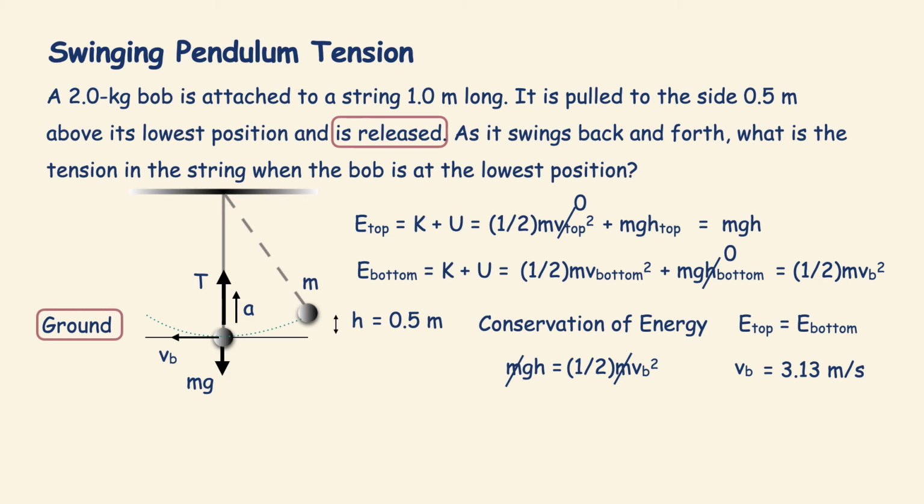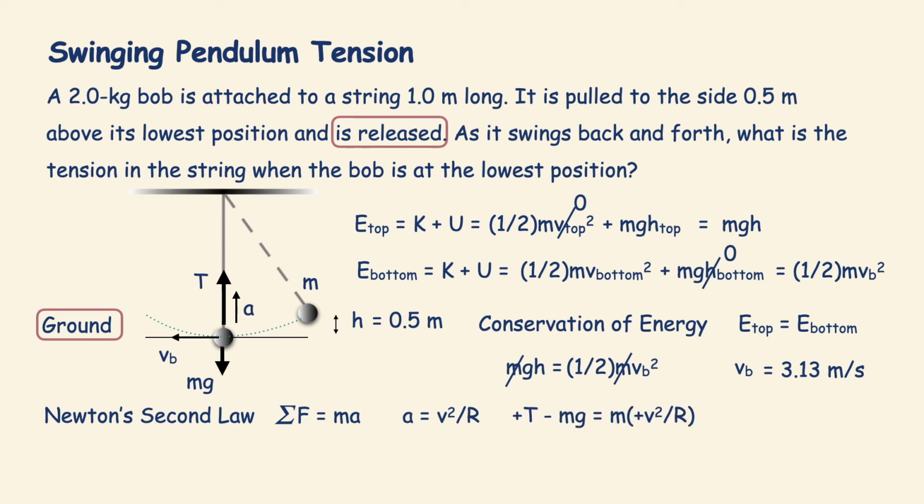Applying Newton's second law, which tells us that the net force will be equal to mass times the acceleration, and remembering that the acceleration has to be the centripetal acceleration, v squared over r, we can write the equation for the vertical components of the forces. Well, there are no other components, so that makes it very easy.